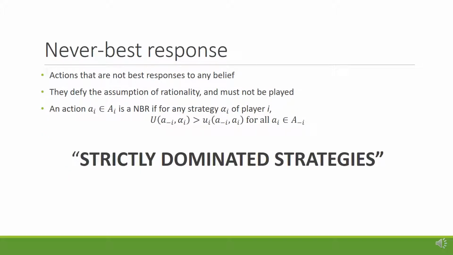There are multiple methods of solving for rationalizable games, but the one that we use in this video is called the never best response method. Never best responses are actions that are never best responses to another player's actions. As the name suggests, these actions are also called strictly dominated actions or strategies, and they should never be played.